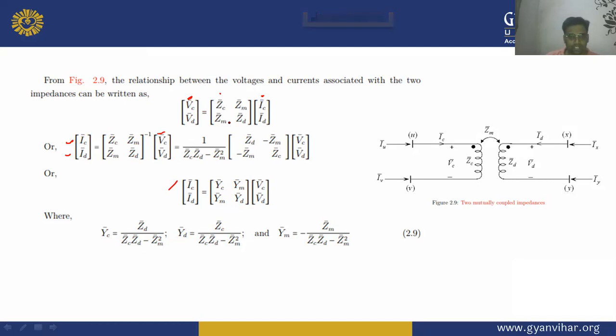We have converted the impedances into equivalent admittances, where YC is equal to ZD upon (ZC ZD minus Zm square), YD is equal to ZC upon (ZC ZD minus Zm square), and Ym is equal to minus Zm upon (ZC ZD minus Zm square). I hope this is clear to you.